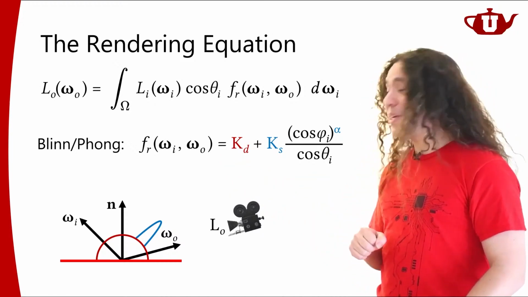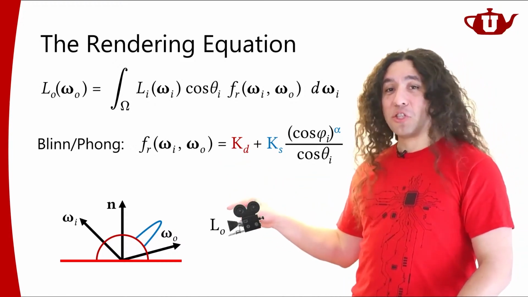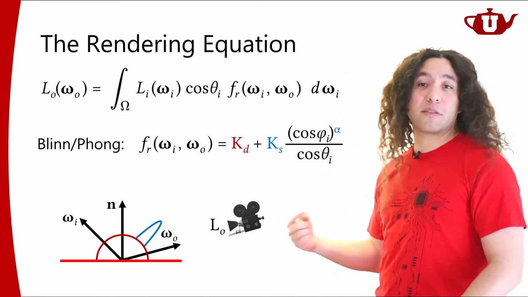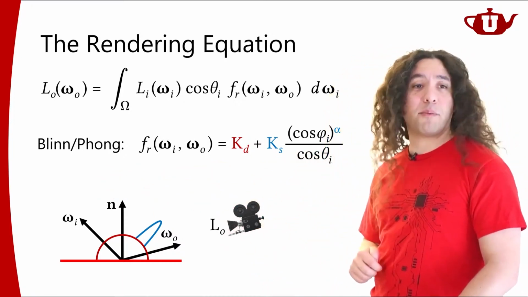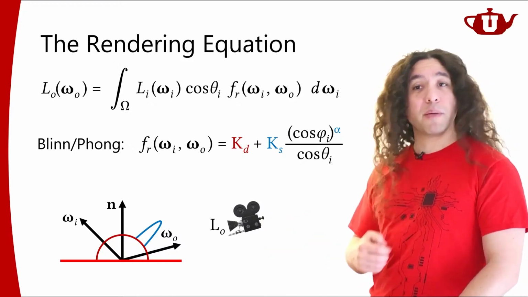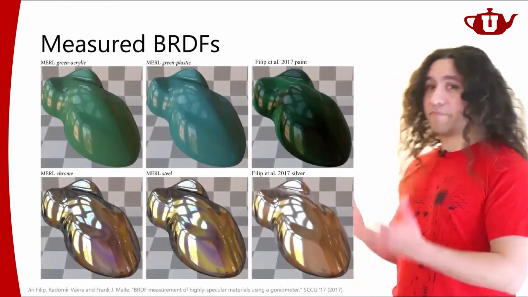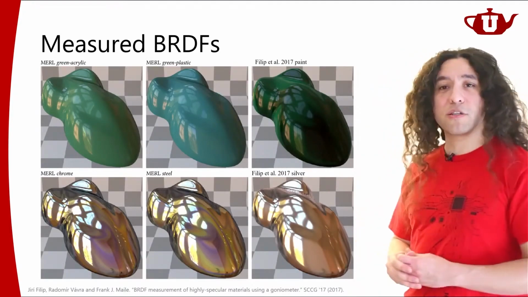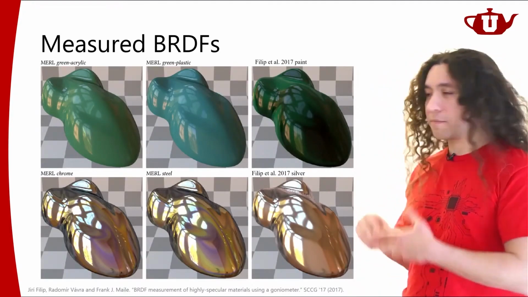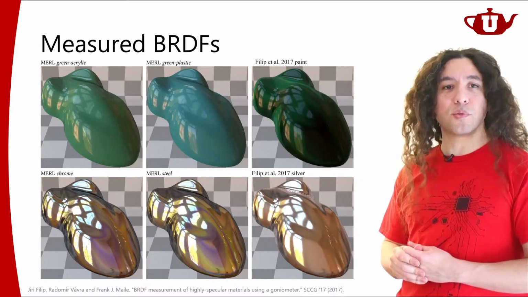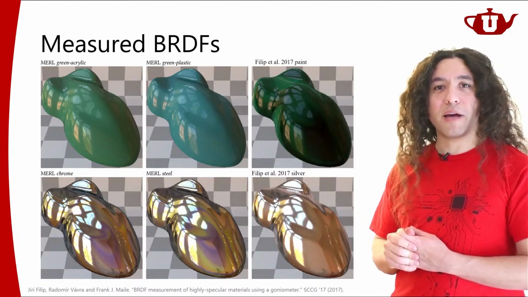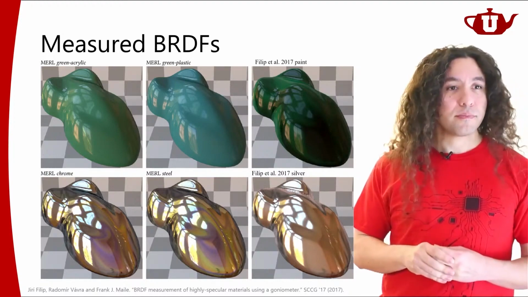You can measure the BRDF by shining some light onto a surface and measuring how much light is reflecting at a particular direction. And people have done that. We have some databases of different materials, and you can use those measured BRDFs for rendering and get materials that do a very good approximation of actual material behavior.